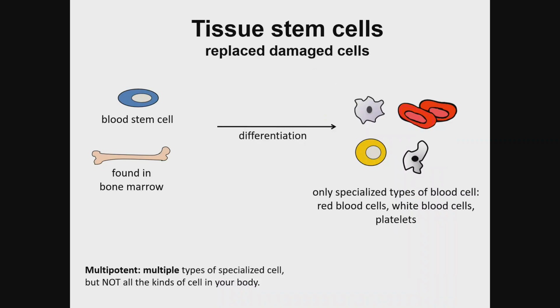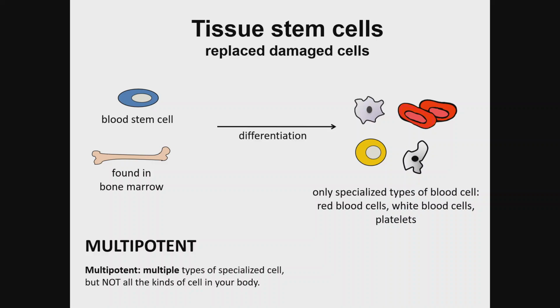So how is the tissue replaced? One of the very beautiful examples is the stem cells that we find in the bone marrow, right? Because from there we produce all of our blood cells. They differentiate into all the different kinds of cells that are in the blood. These are multipotent stem cells, right?